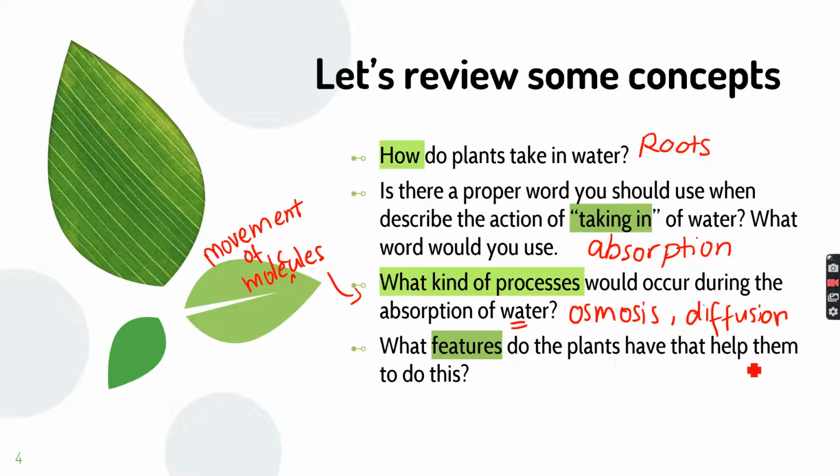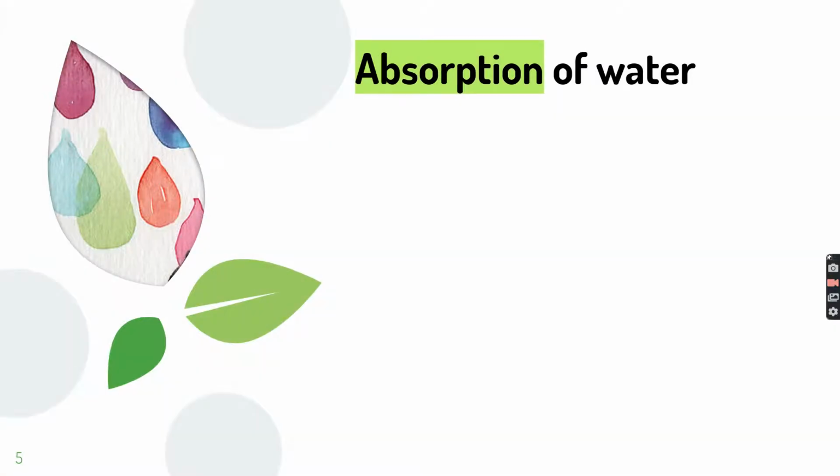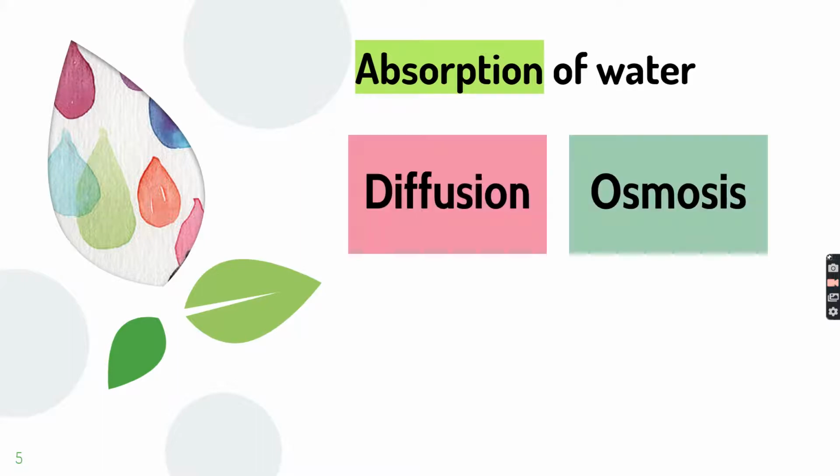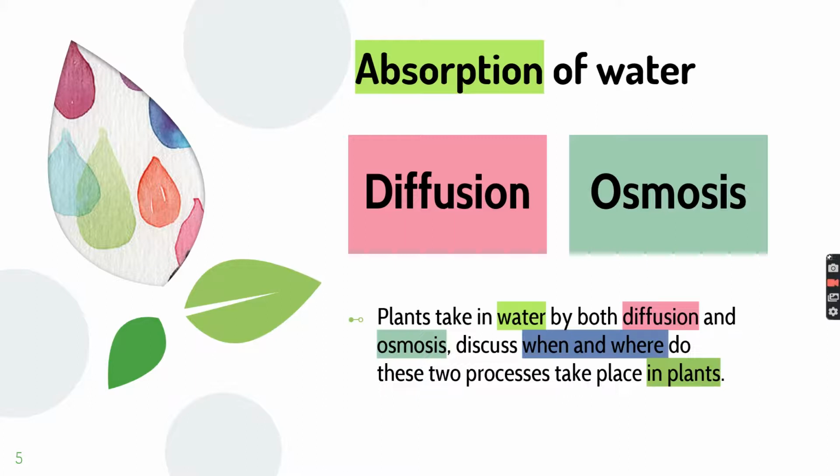What features do plants have to help them do this? They have the root, but specifically specialized cells called root hair cells. This is the main character of the day. Absorption of water takes place via both diffusion and osmosis.